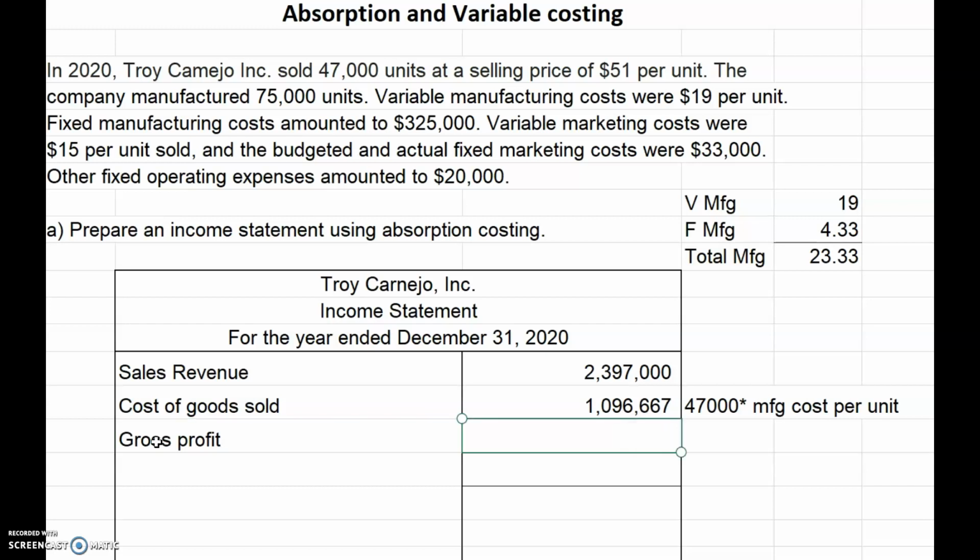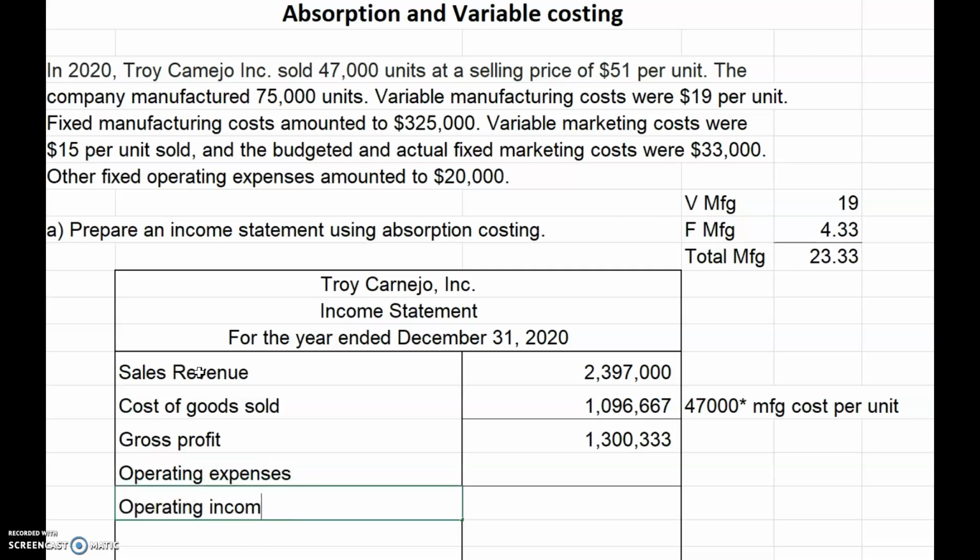Sales revenue minus cost of goods sold gives you gross profit. And then we subtract our operating expenses to arrive at operating income. So our operating expenses, variable marketing costs were $15 per unit sold. So the 15 times, we sold 47,000 units.